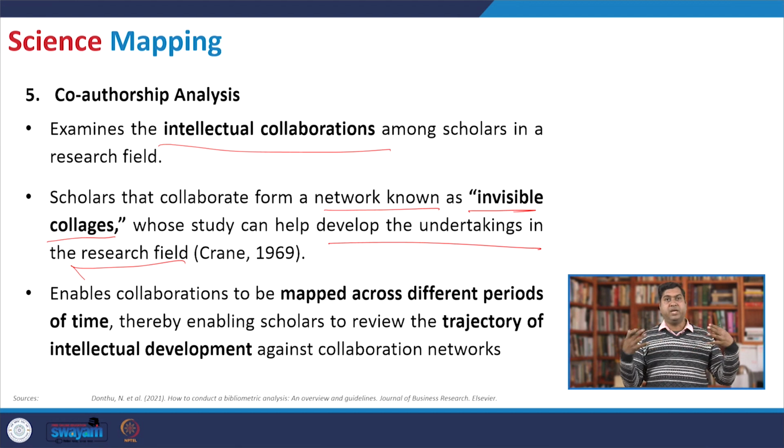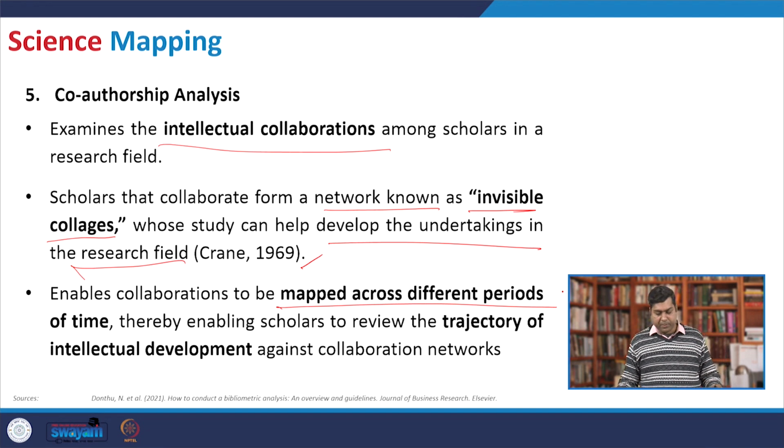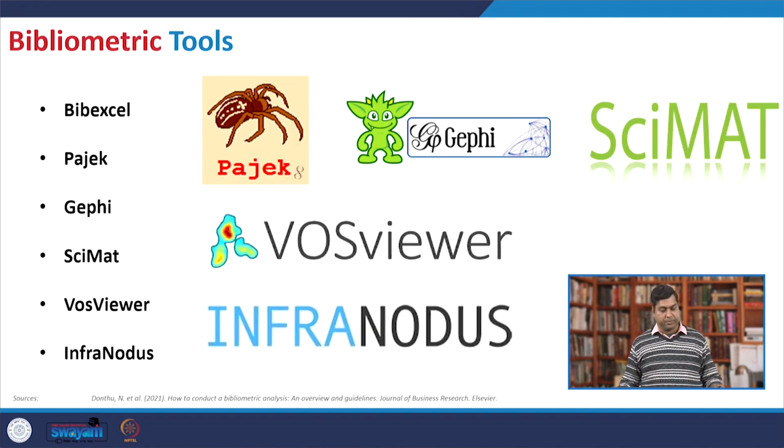Authors from many countries contributed to share their findings, even that was possible at that particular time. So, this is something where you can see the co-authorship analysis. Then also in this case you can map across different periods of time, and you can identify the trajectory of how that collaboration is happening.